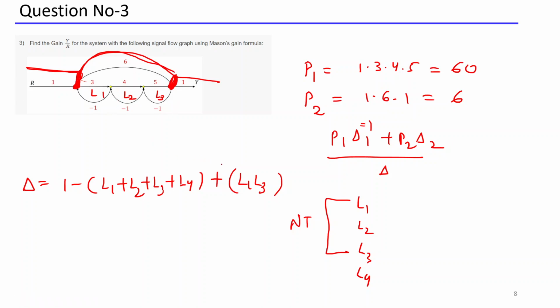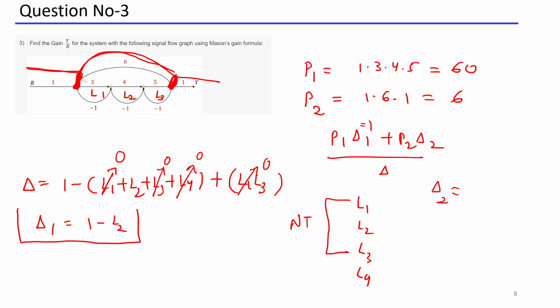If it is not touching, then what is delta 2? You can see here in this formula: L1 is touching, so this will be 0. L2 is not touching, so it will exist. L3 is touching, it is 0. L4 is touching, it is 0. As L1 is touching, this is also 0. So what is remaining? Delta 2 equals 1 minus L2.